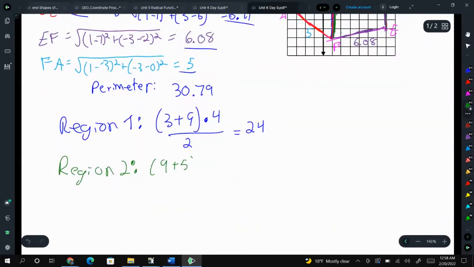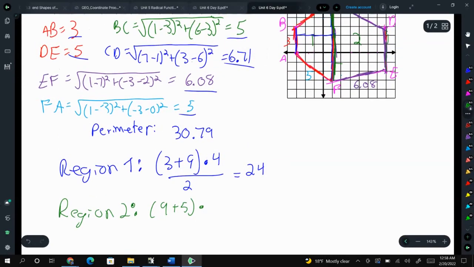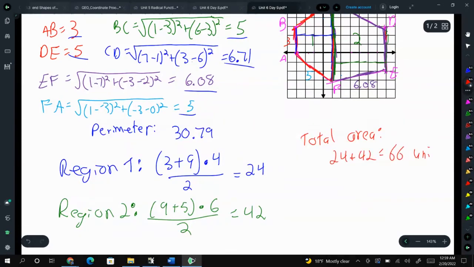So 9 plus 5 times the height, 1, 2, 3, 4, 5, 6, divided by 2, and that gives us 42. That means the total area is 24 plus 42, or 66 square units.